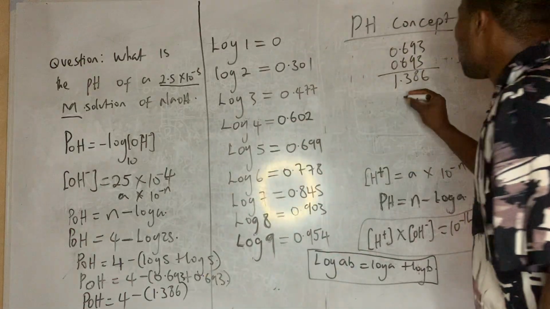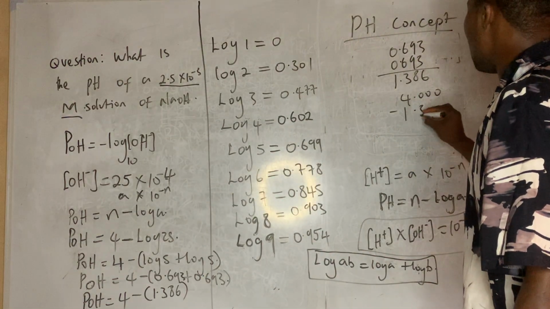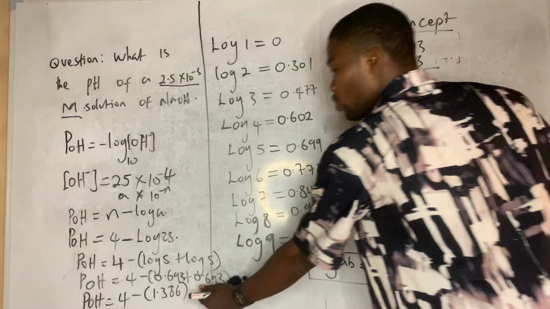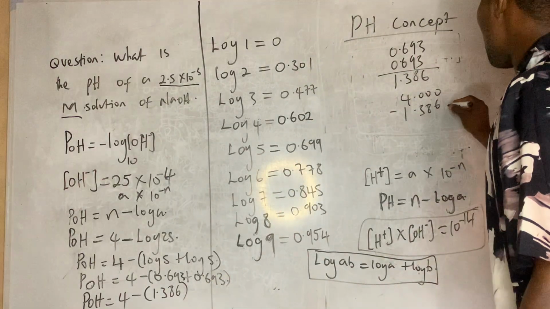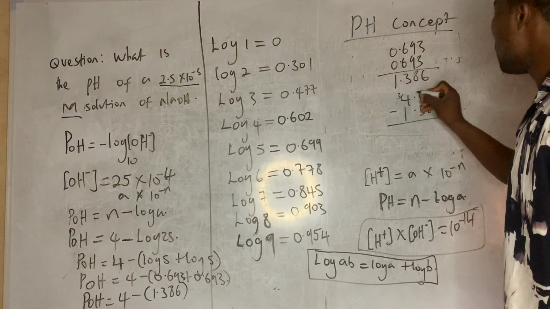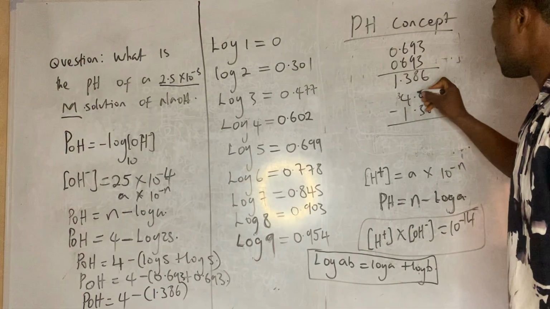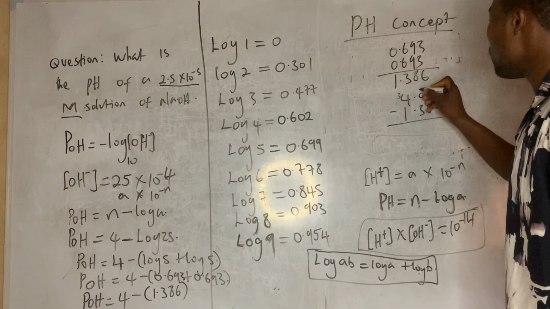Add that to, therefore 4.000 minus 1.386. That's what I'm doing. You borrow 1 from here to make 10, now 9.